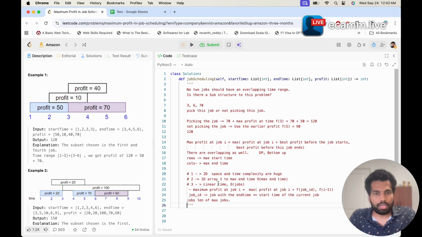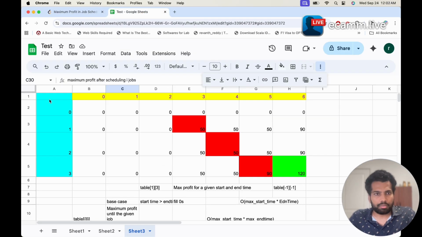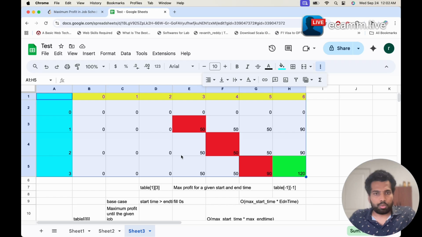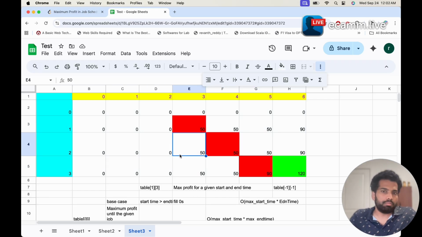So I just wanted to share some of the observations of these three approaches. I think the first approach which we calculated here would be more suitable, let's say if you're building a distributed system or any large scale system, and there is some job scheduler that wanted to query the profits.